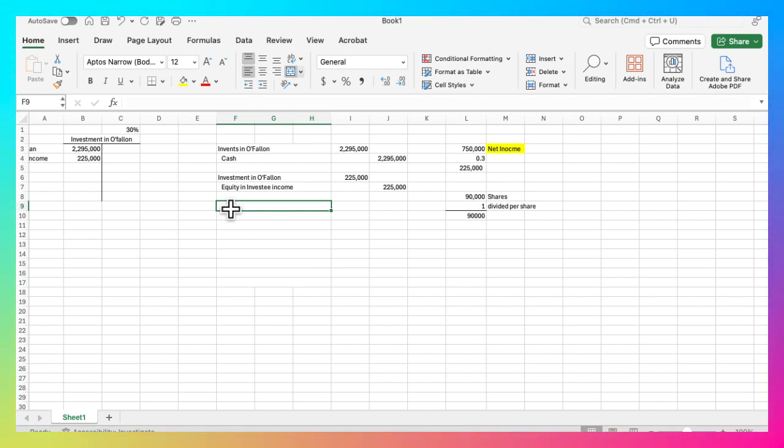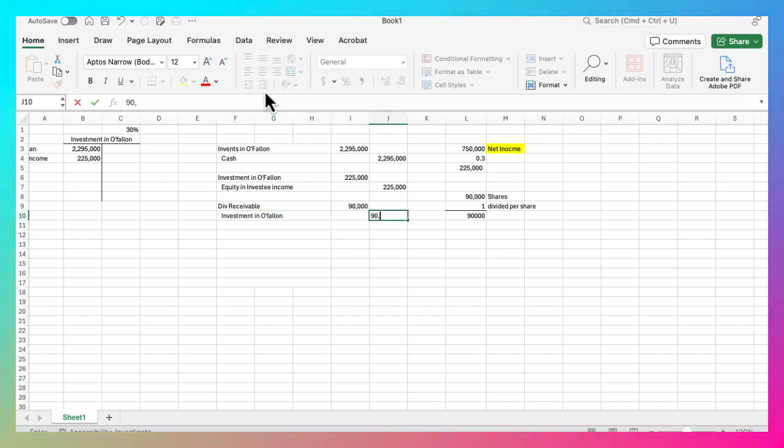So first, I'm going to debit dividend receivable for 90,000, and I'm going to credit investment in O'Fallon for 90,000.